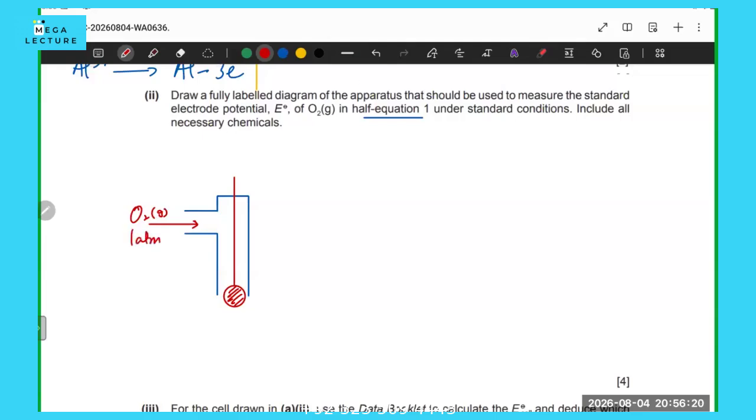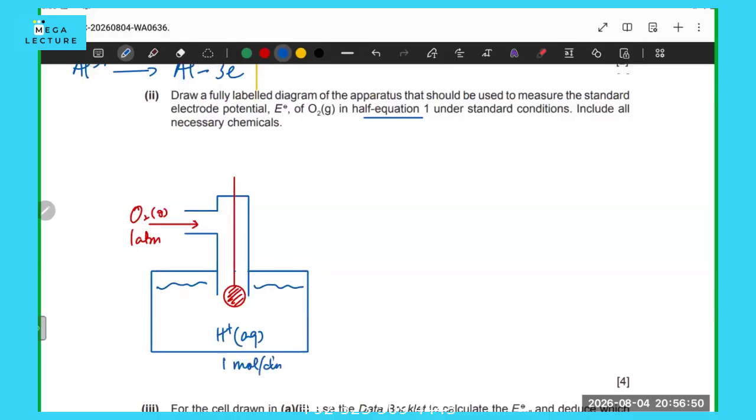अच्छा, बाकी everything would be part of the solution. ठीक है, तो अच्छा, so everything is part of the solution. अब solution में क्या होगा? There's going to be H plus ions, aqueous, right? पानी लिखने की जरूरत नहीं है because it's already understood, and these ions would be 1 mole per dm cube, right?